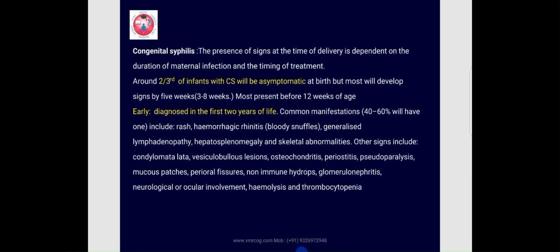Okay, so early congenital syphilis, which is diagnosed in the first 2 years of life, the common manifestations will include, and 40 to 60% will have at least one manifestation. There will be rash, hemorrhagic rhinitis, that is bloody snuffles, generalized lymphadenopathy, hepatosplenomegaly, skeletal abnormalities, and other signs will include condylomata, vesiculobullous lesions, osteochondritis, periostitis, pseudoparalysis, mucous patches, perioral fissures, non-immune hydrops, glomerulonephritis, neurological and ocular involvement, and thrombocytopenia, etc. Out of which we should specifically remember: one is a rash, second is rhinitis, that is bloody snuffles.